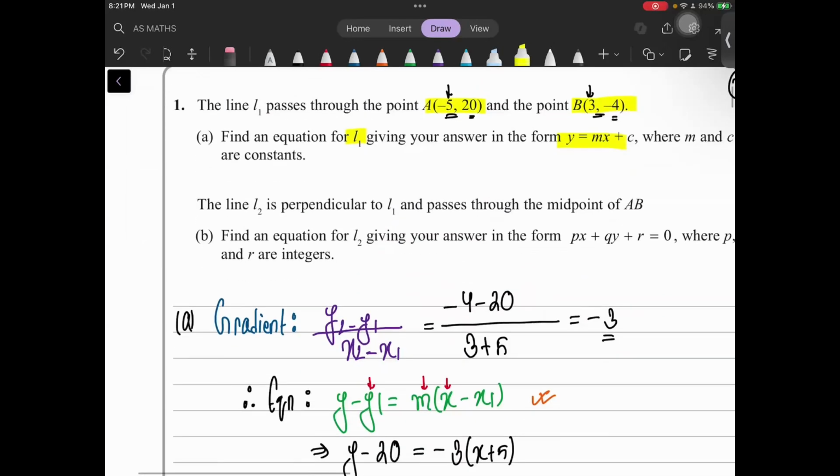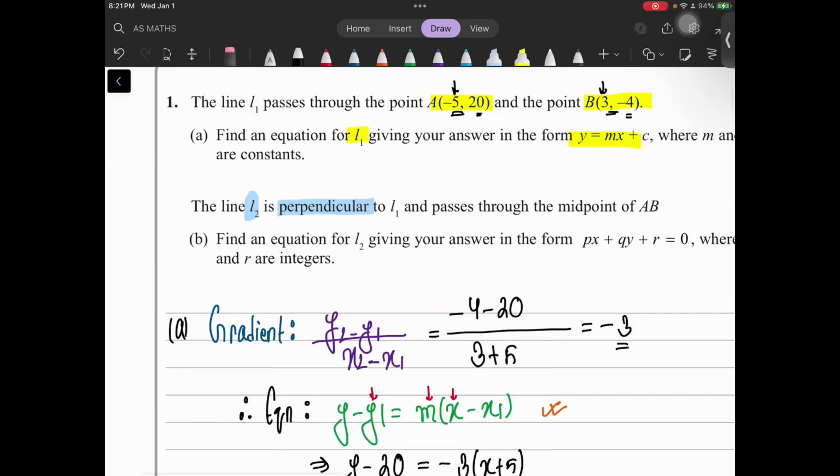In the second question, it said that L2 is perpendicular to L1. As soon as you hear this word perpendicular, this means that m1 times m2 is going to be equal to minus 1. So the gradient of the first line times the gradient of the second line is going to be equal to minus 1, right?